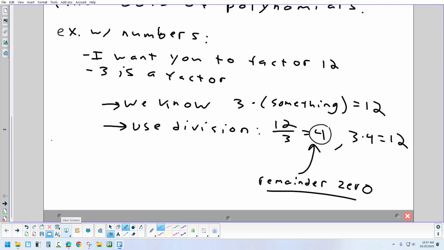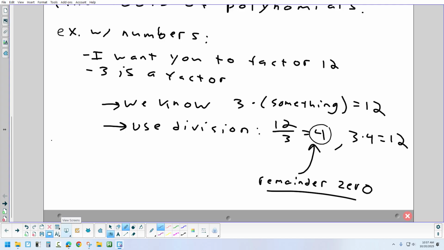So that's going to be an important concept. Eventually, if we can figure out a way to do division and just figure out the remainder, then we know if it comes out to 0, whatever you divided by is a factor. If you divide two things and you don't get a remainder of 0, then what you divided by isn't a factor.